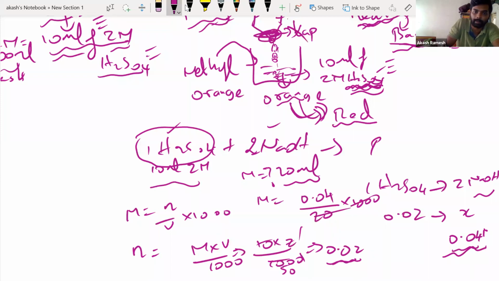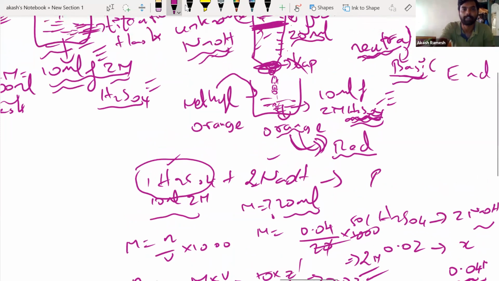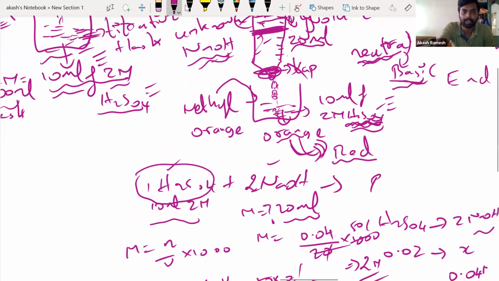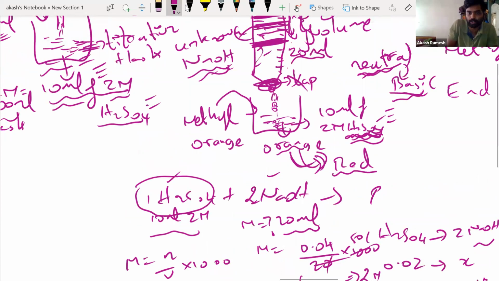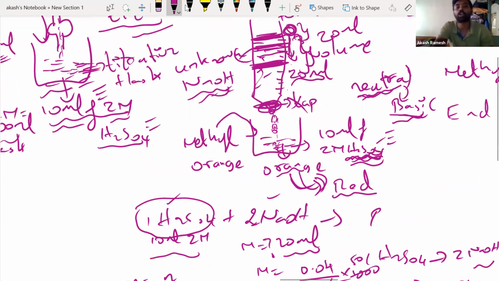So 0 gets cancelled, 50 times 0.04, that is 5 into 4, or say 0.4 into 5, is how much? 2 M. So the unknown concentration in the burette is basically a 2M solution.